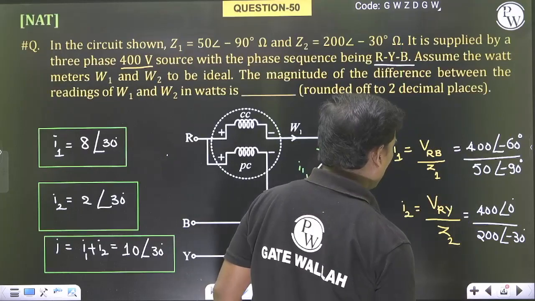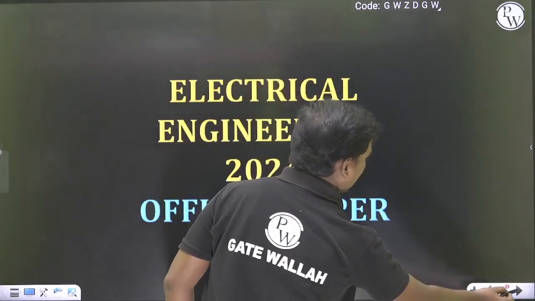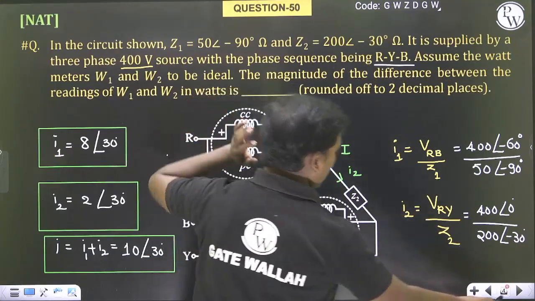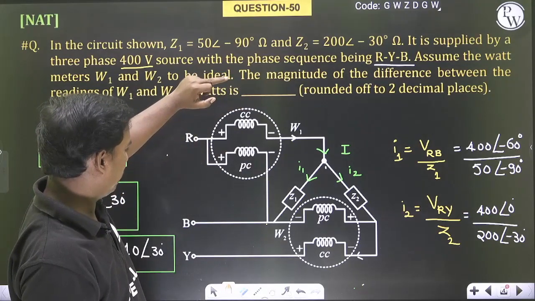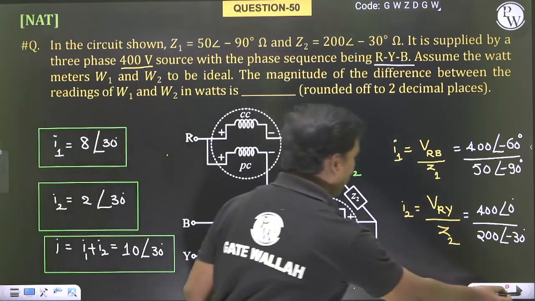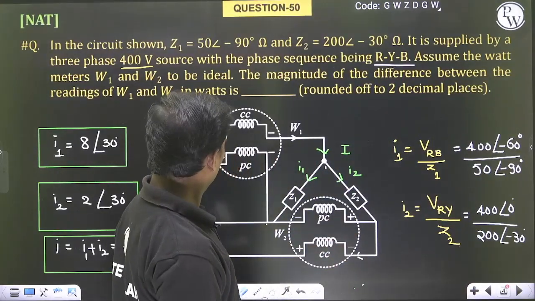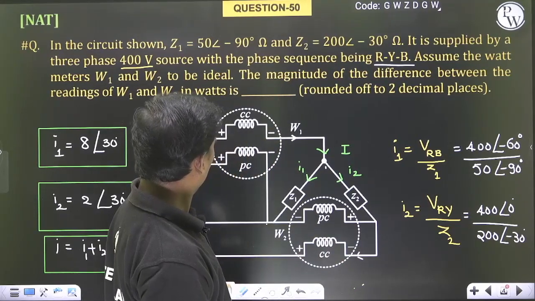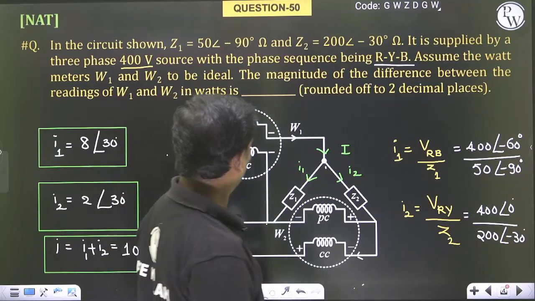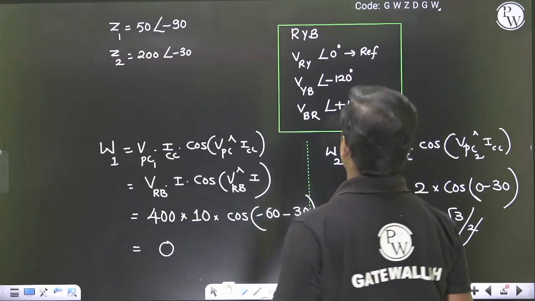Let me check the VPC2 value, whether it is VBY or VYB. Yes, it will be VYB, so there is a mistake I have done here.